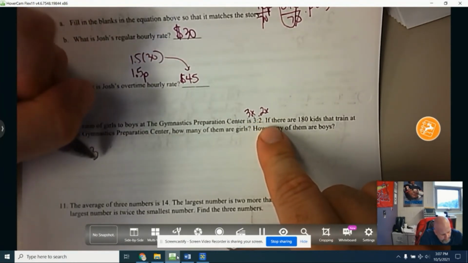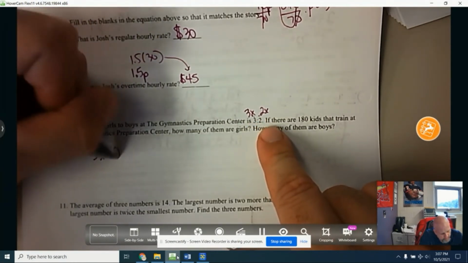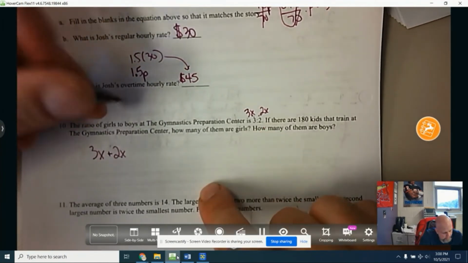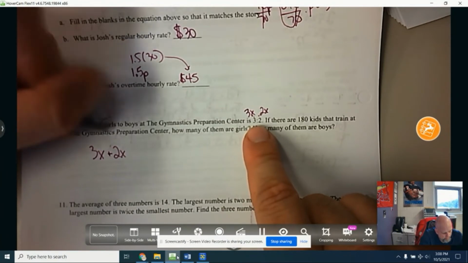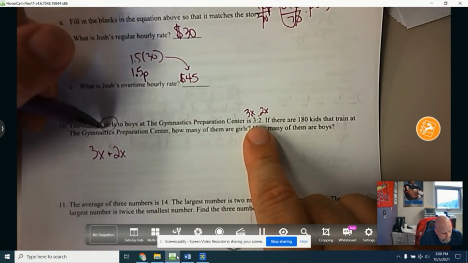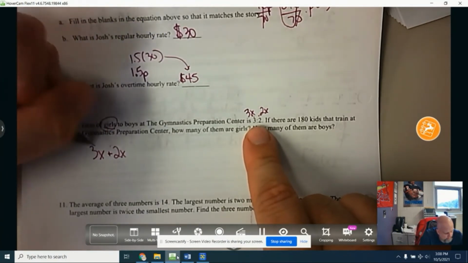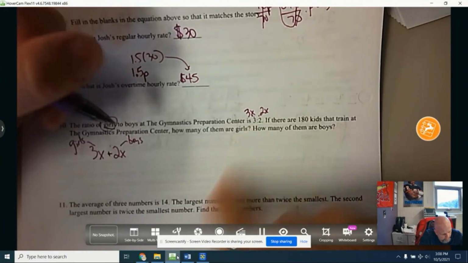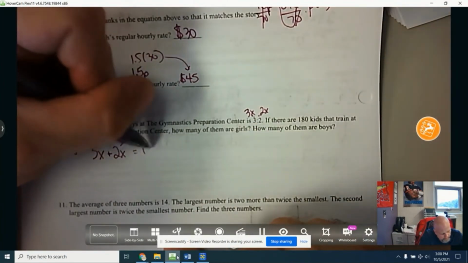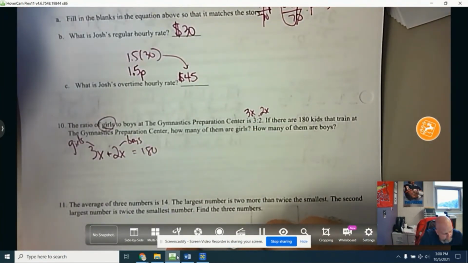So my equation is going to be 3x plus 2x. So 3 to 2, and 3 represents the girls because it's the first one listed in the story. So this 3x is my girls. The 2x is the boys. And that equals 180.